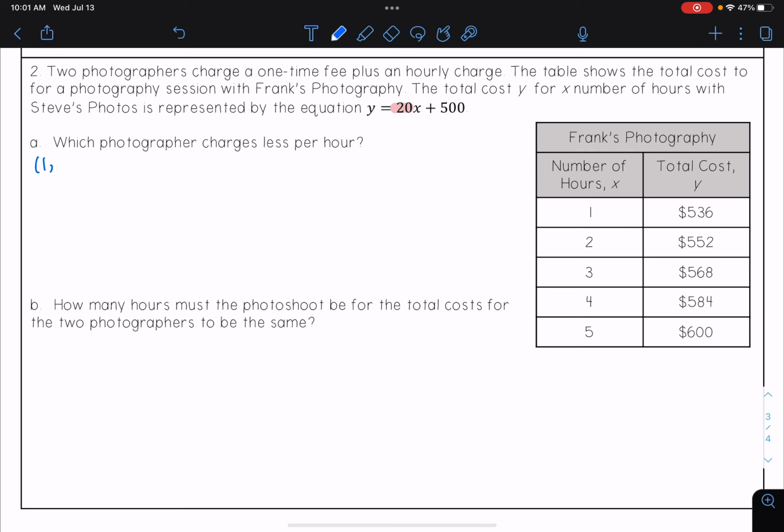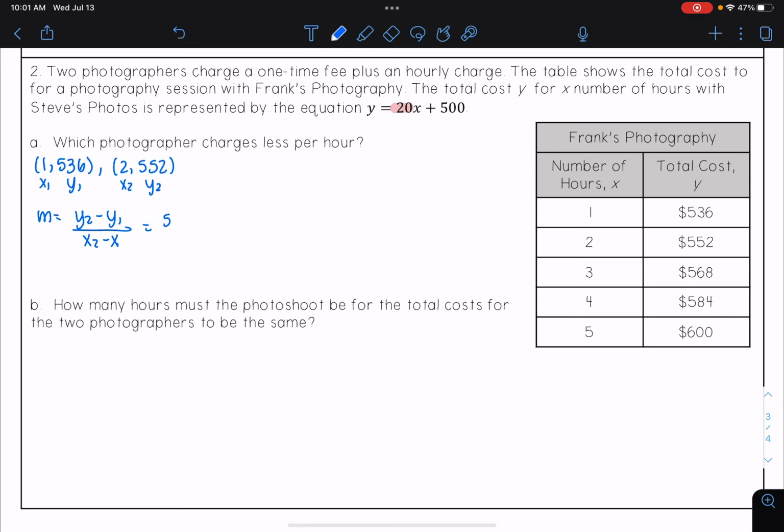So I have 1, 536, and 2, 552. Label my points and plug that into the slope formula. So I have y2 minus y1 over x2 minus x1.